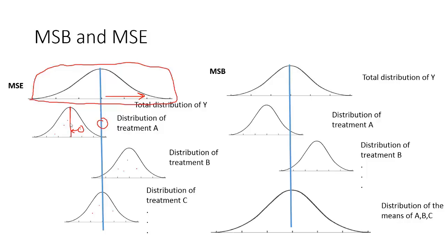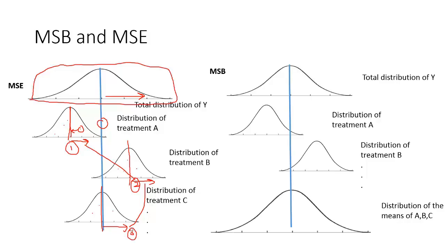And even that mean is essentially a sample mean that you're going to calculate, but the idea is that your estimate of variance out here is going to be some value, your estimate of variance here is going to be another value, and similarly out here is going to be some value, and all you're doing with MSE is taking the average of these three numbers, 1, 2, and 3.